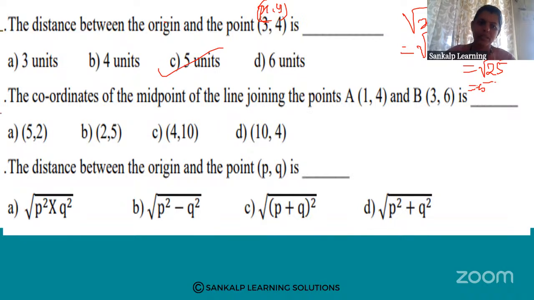Right? The coordinates of the midpoint of the line joining points A(1, 4) and B(3, 6) is. So here they have given A (x1, y1) and B (x2, y2). If the coordinates of 2 points are given, then the midpoint of the line joining points A (x1, y1) and B (x2, y2) is (x1 plus x2 divided by 2, y1 plus y2 divided by 2).